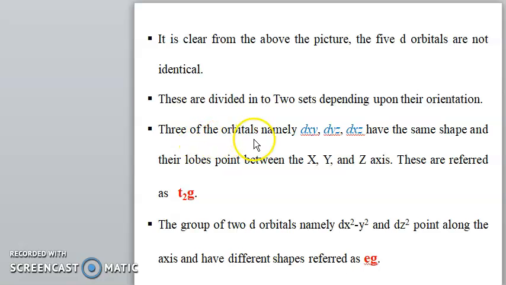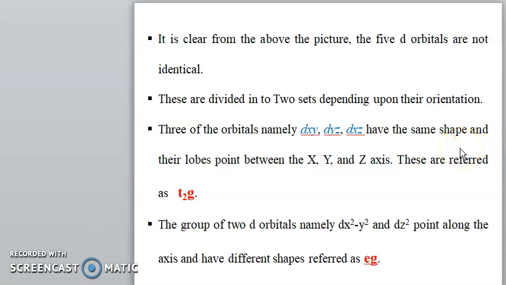Three of the orbitals, namely dxy, dyz and dxz, have the same shape and their lobes point between the x, y and z axis.